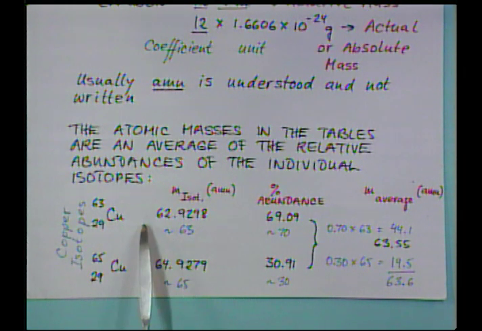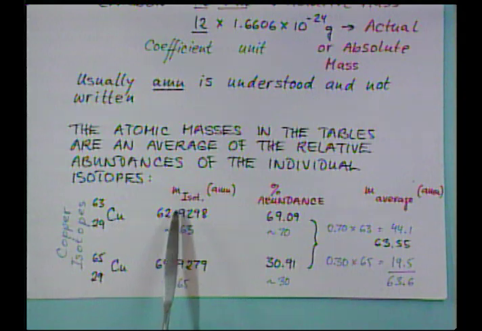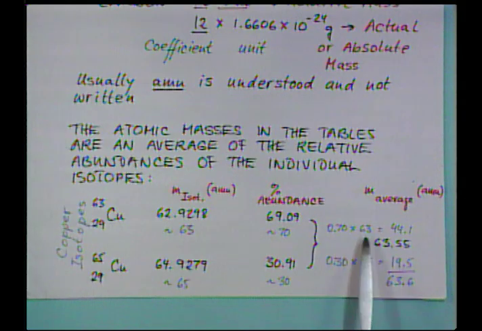We just have to take the relative masses in AMU of one isotope and the mass of the other isotope, multiply it by the percent. That means we move the decimal 2 spaces to the left and say 0.70 times 63, calculate. And we do the same thing with the other. And then we just add these numbers, and then we get the so-called average mass.